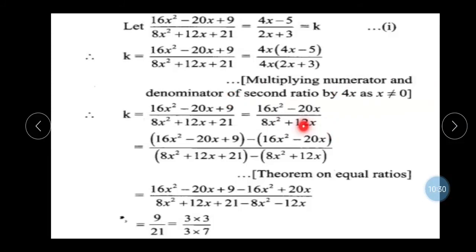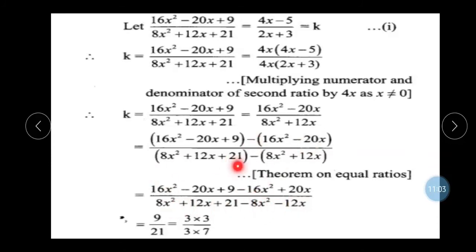Now in this step we will be applying the theorem on equal ratios. We get 16x square minus 20x plus 9 minus (16x square minus 20x) upon 8x square plus 12x plus 21 minus (8x square plus 12x). Opening up the bracket, there will be changes in the sign. The first part will remain as it is, that is 16x square minus 20x plus 9 minus 16x square plus 20x.